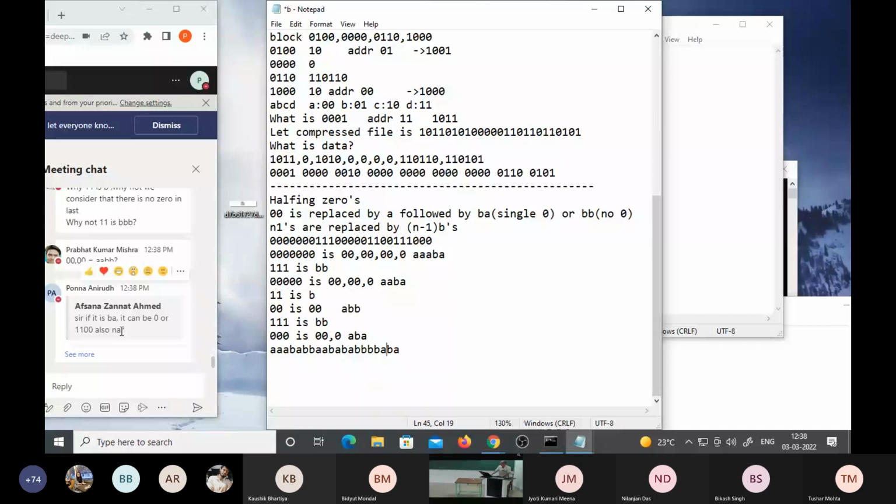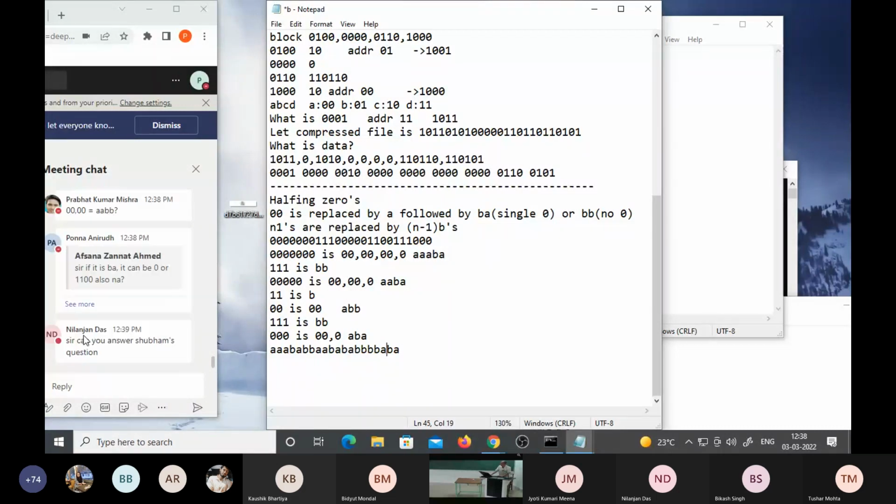Yes, correct. You see, it cannot be 1 1 0 0. Reason is this, that after that something BB should also come which is not coming.